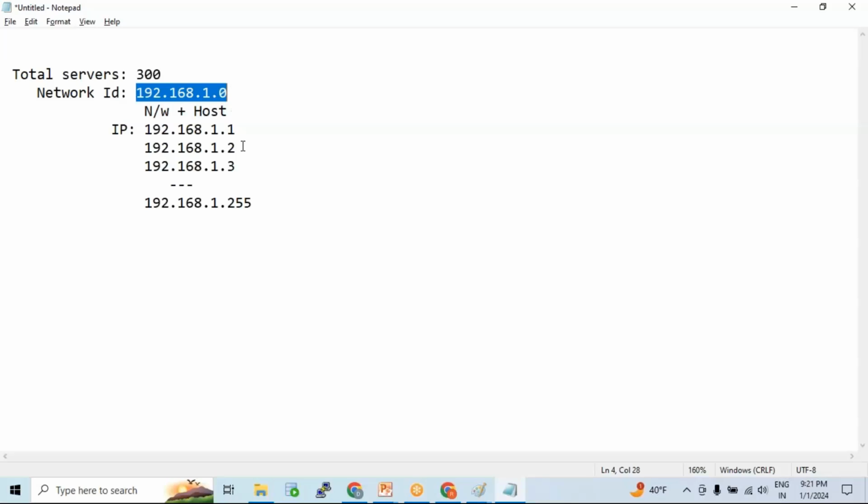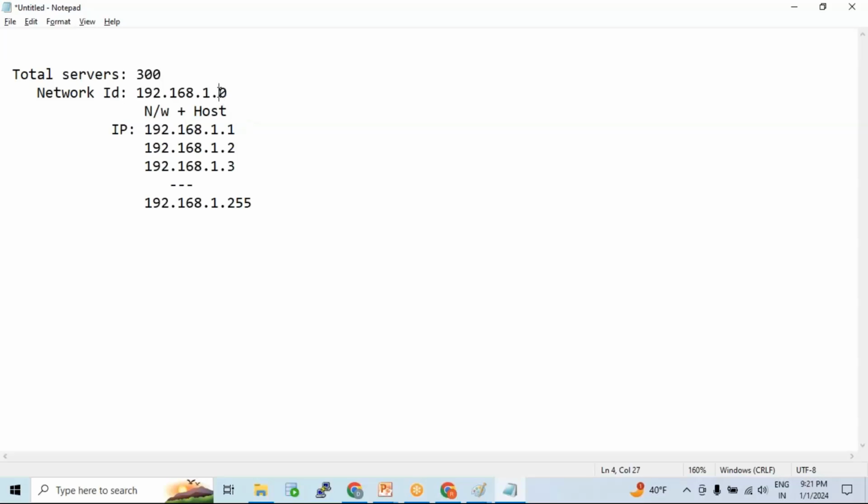It can be possible. How can we say that? The way it works, right? Whenever you take an IP address and the network ID, you always compare the IP with your network ID. If the network part is matching in your IP address, then I would say that this IP belongs to this particular network ID.